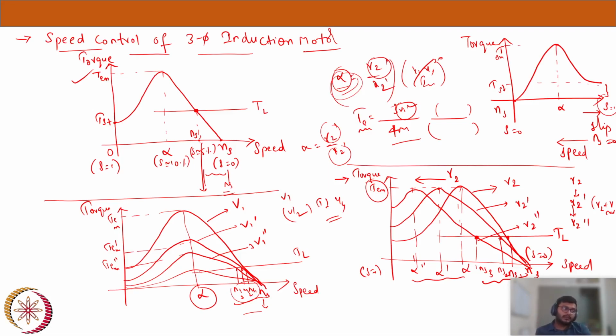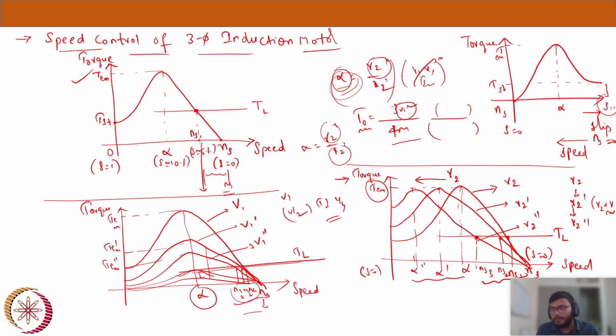The second disadvantage is: now I have just varied voltage and I've got three kinds. Now this is my constant torque load. If I further reduce my voltage, somewhere around I will get a curve like this. Now my torque speed characteristic curve is below the load torque, which means my motor won't rotate at all.